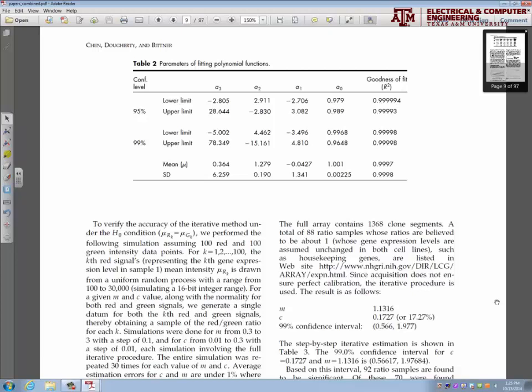You approximate the density with that polynomial. And so what is the lower limit and what is the upper limit? Like for a 95% confidence interval, the lower limit is this one, the upper limit is this one, and so on. And then they measure the goodness of fit and things like that.